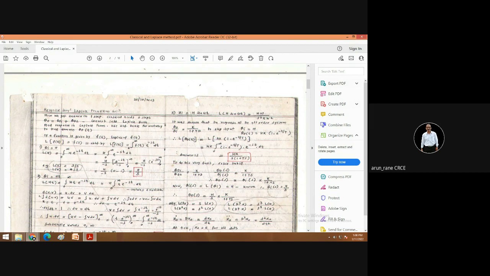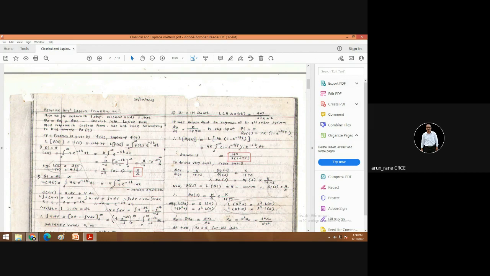Are you understanding what I'm saying? Yes. The integration of e raised to minus st will be e raised to minus st upon minus s. Now you substitute the upper limit and lower limit. Here there is a mistake, this minus s.